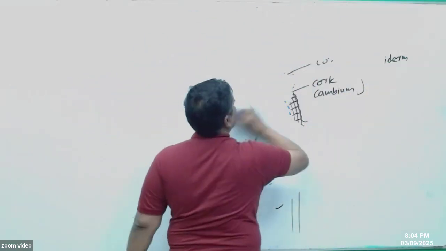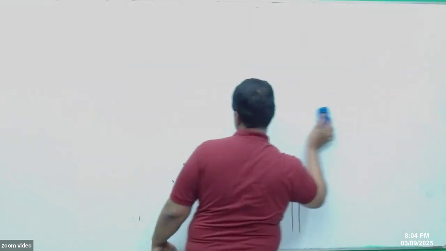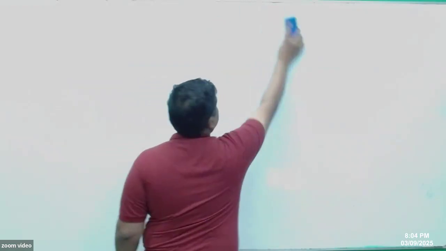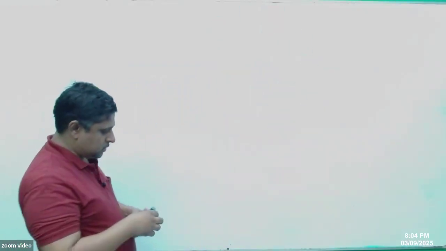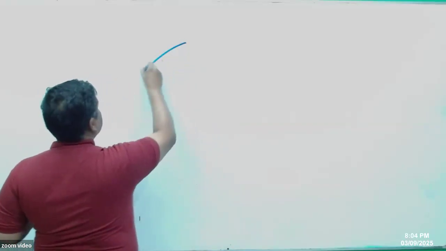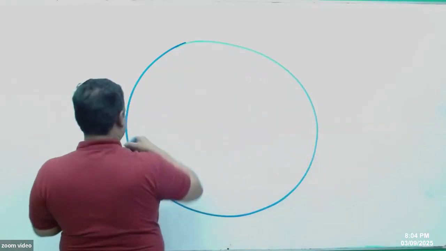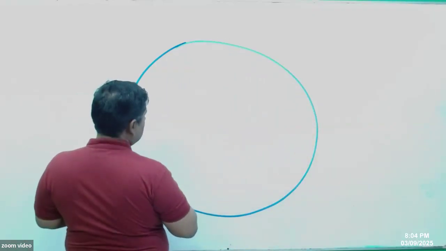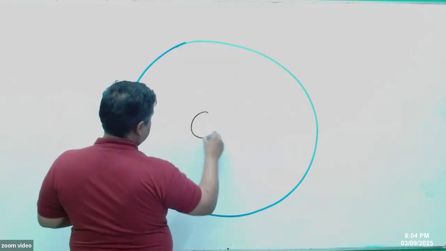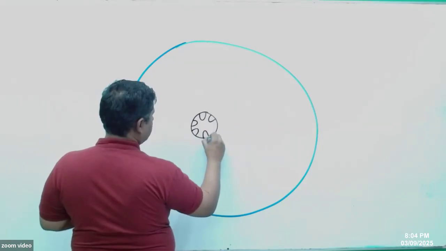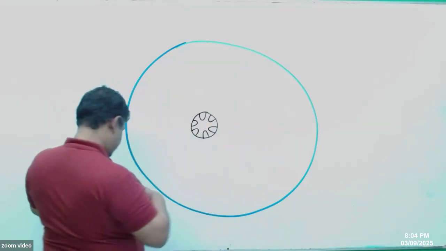So what I'm going to do now is show this more clearly by enlarging this diagram. Look at this. This is the vascular cambium. I'll draw it a little wider. This is the primary xylem.